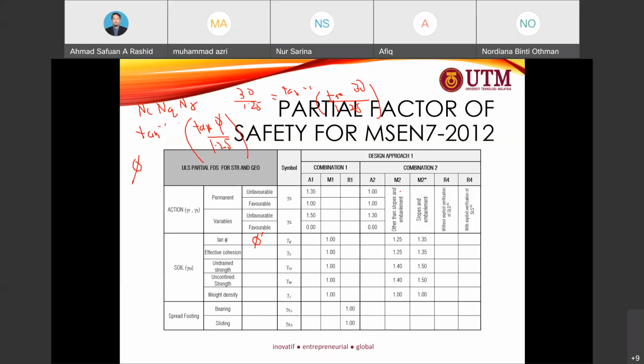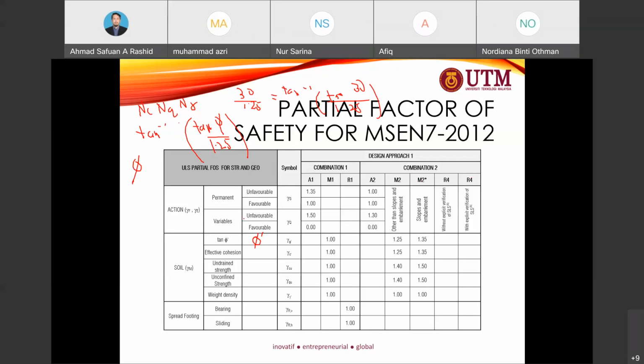If the shallow foundation is located at a slope or embankment, we are using this M2 asterisk. So this is R4. R4 is used in the deep foundations.